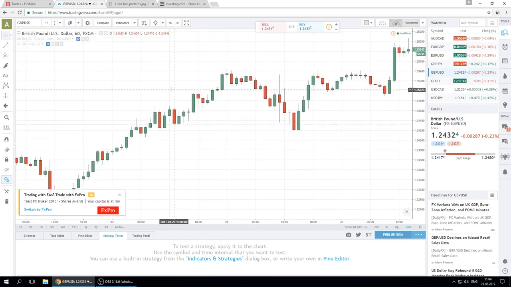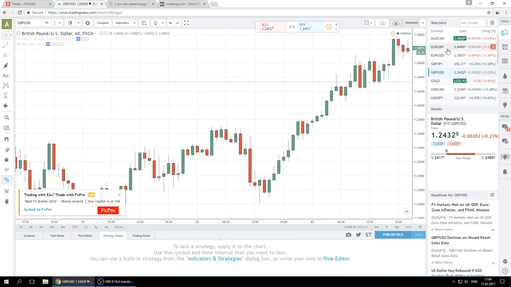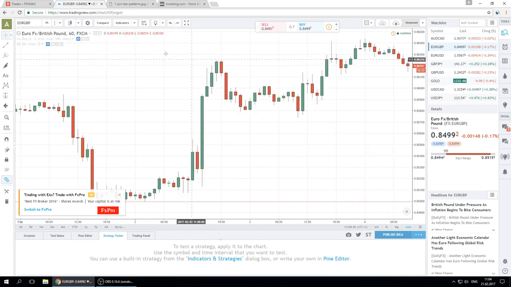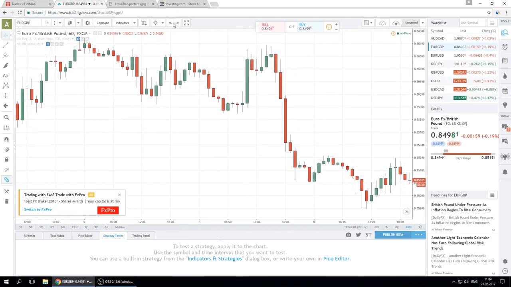And the body of this candle should be really small, so no more than 1/3. Let's switch to another asset. Maybe we will have more luck with that. So I will show you the picture that shows this pattern, so you could know what to look for.